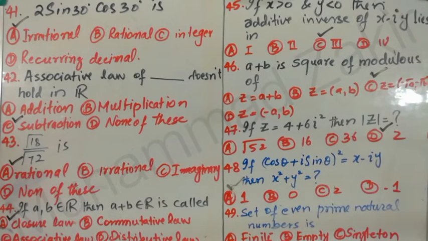So as we know, prime numbers are 2, 3, 5, 7, 11, 13, and so on. The only prime number which is even is 2. So a singleton set is the correct answer.